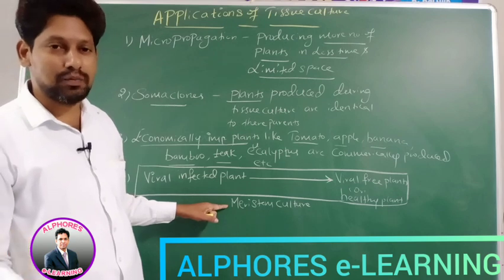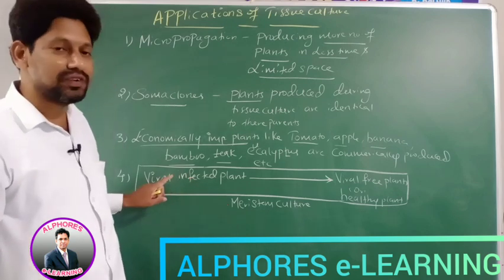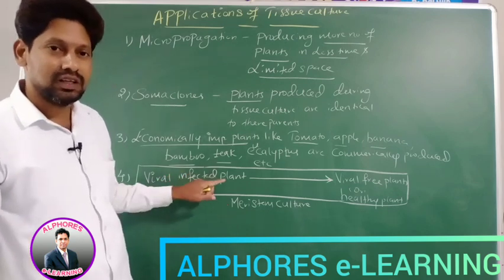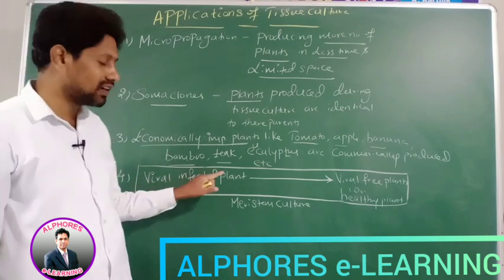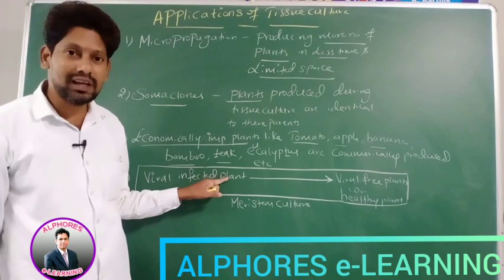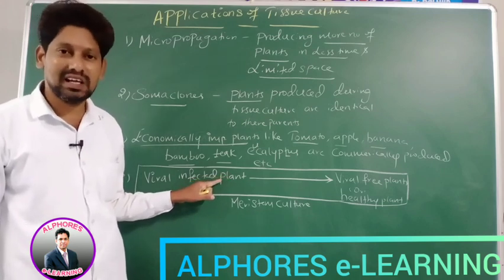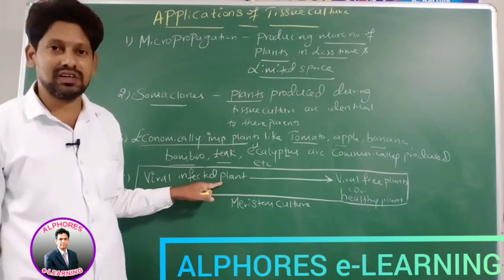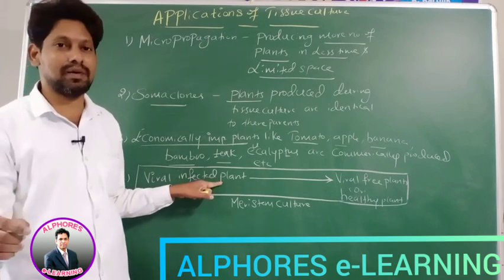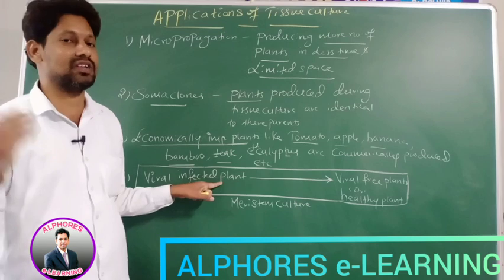Even though the plant is infected with virus, in that viral infected plant, axillary buds and apical buds are free from virus, because axillary buds and apical buds contain meristematic cells which go on dividing continuously.